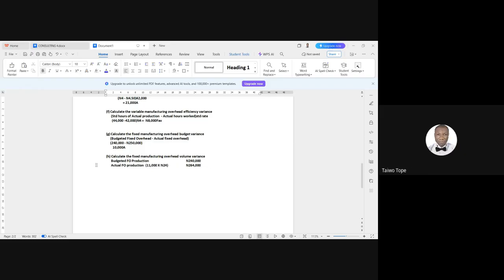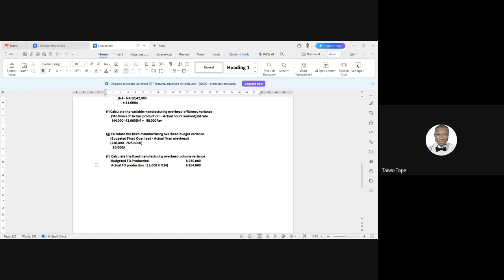So this fixed manufacturing overhead, you have a budget. You know, fixed cost does not fluctuate, but you have a capacity of 240,000, but you produce beyond that capacity. The actual volume is greater than what you have.